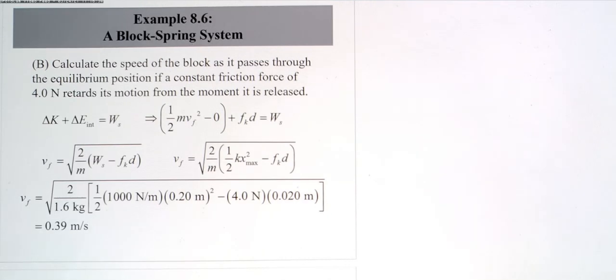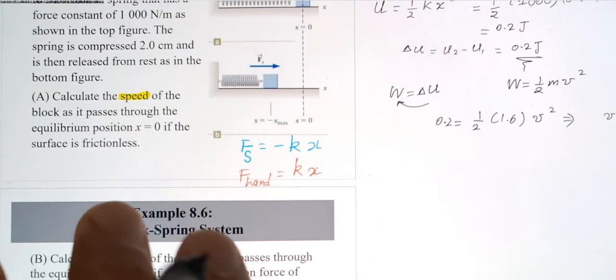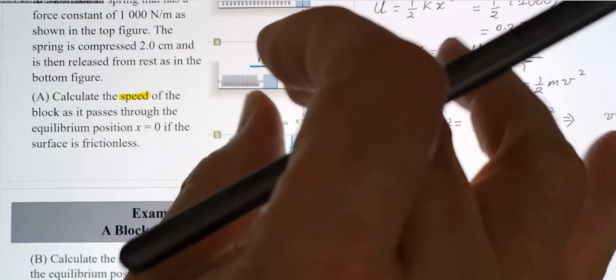Okay. B. Calculate the speed of the block as it passes through the equilibrium position if a constant friction force of 4 newtons retards its motion from the moment it is released. From the moment it is released. Meaning starting from this point, let me enlarge it.